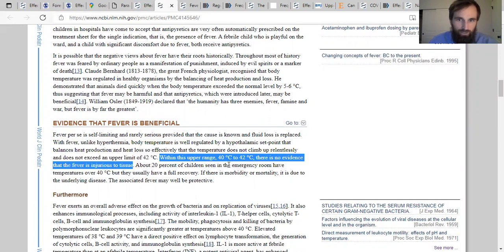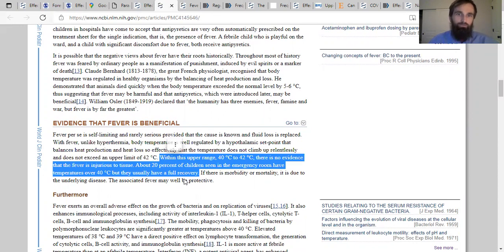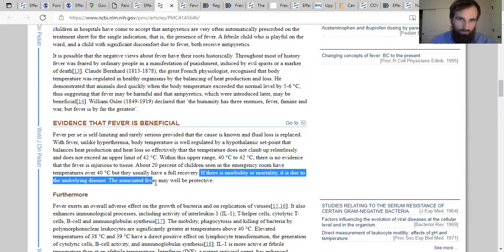About 20% of the children seen in an emergency room have temperatures over 40 degrees, but they usually have a full recovery. This is in general. This is not specifically speaking about COVID. This is just with any infection. If there is morbidity or mortality, it is due to underlying disease, not the fever itself, is what it's saying. The associated fever may well be protective.